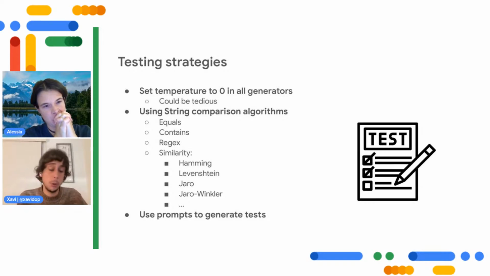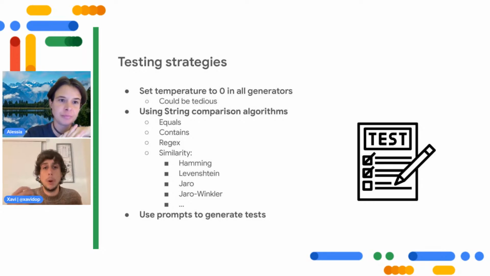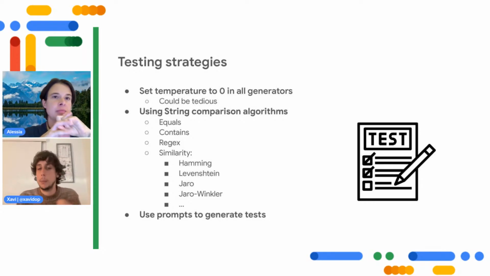temperature to 0. So instead of doing that, another recommendation could be to use string comparison algorithms. There are several string comparison algorithms that do not require any model or anything to be trained, they are just pure mathematical models that can be executed.